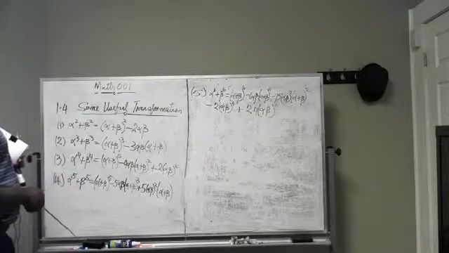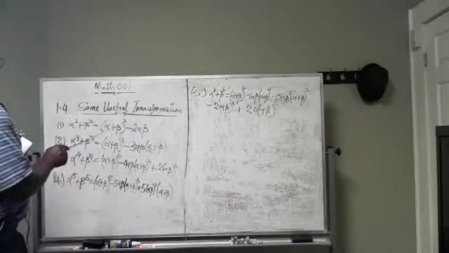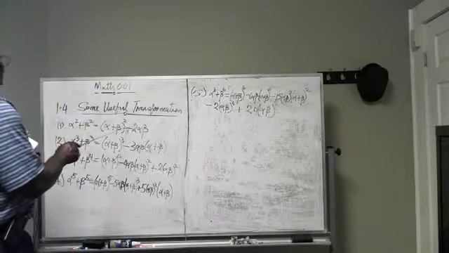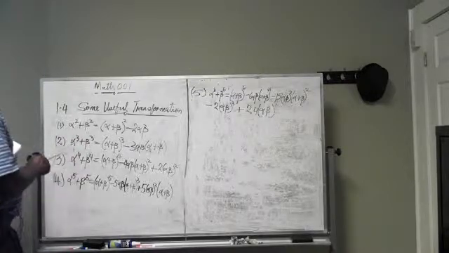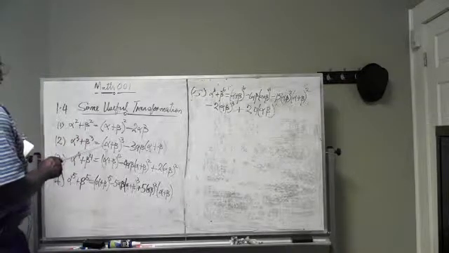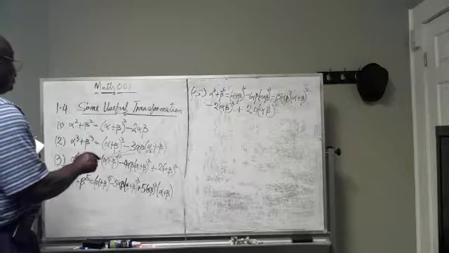So take note, alpha squared plus beta squared is equal to alpha plus beta all squared minus 2 alpha beta. Alpha cubed plus beta cubed is equal to alpha plus beta all cubed minus 3 alpha beta into alpha plus beta.